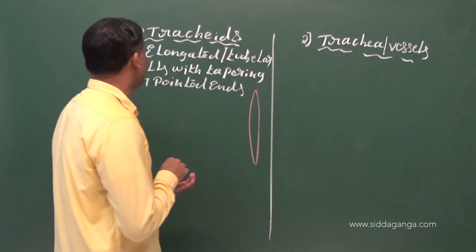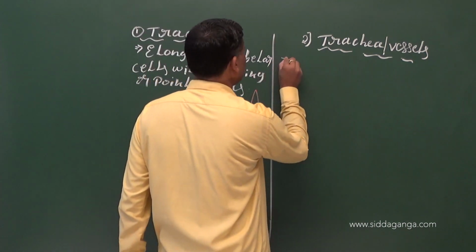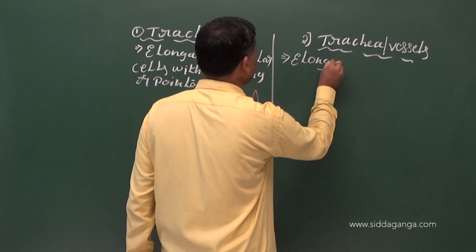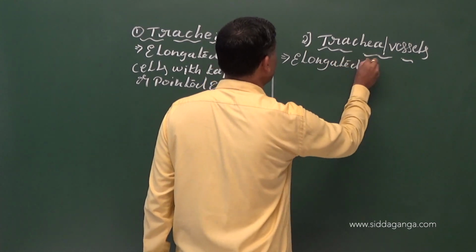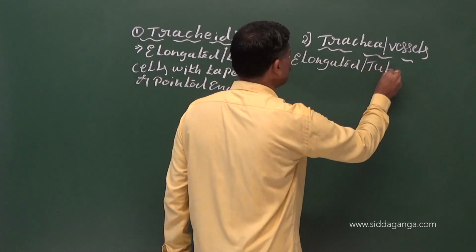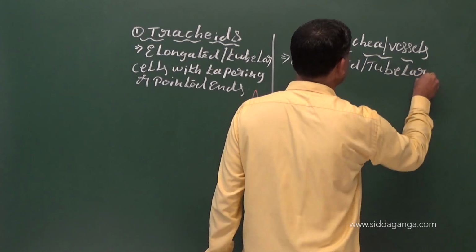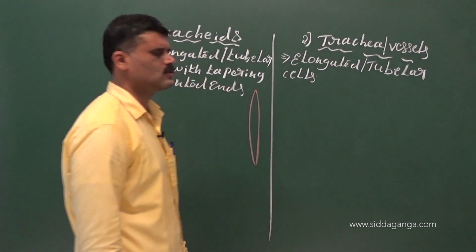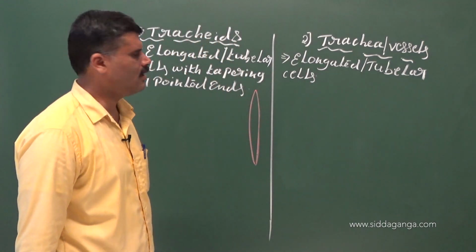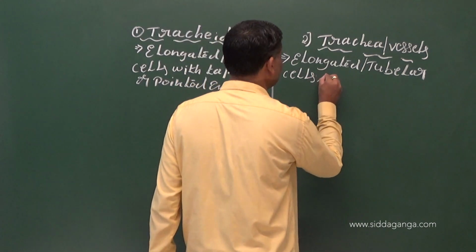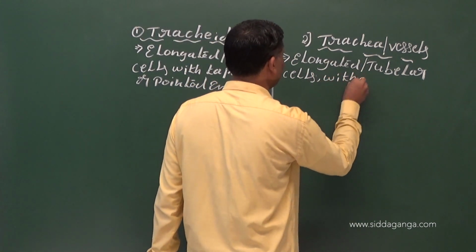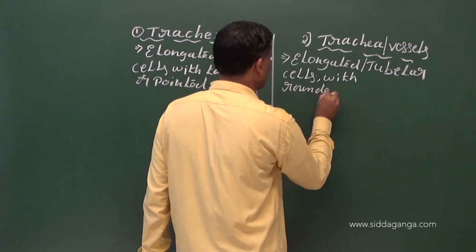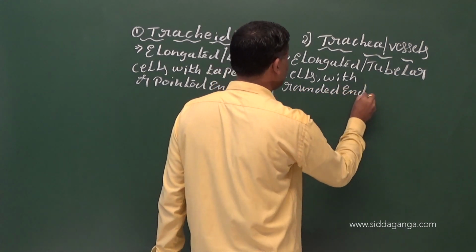So, next the trachea. Trachea are also elongated or tubular cells, but with what? With rounded ends.